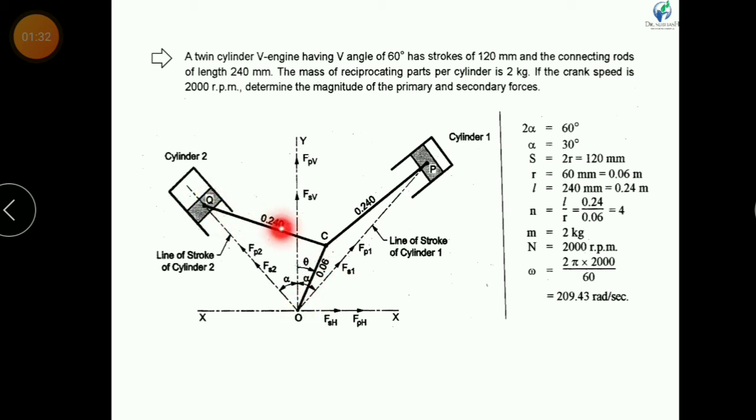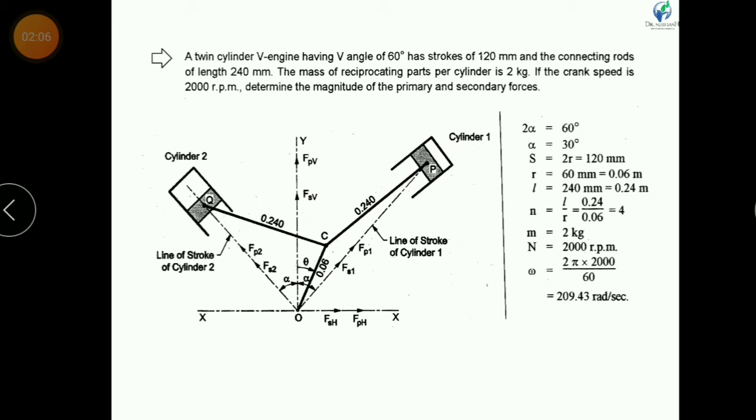Similarly, QC is a connecting rod which connects the piston in cylinder 2. Now the crank OC makes an angle theta in clockwise direction with the vertical axis in initial condition. Now we know that in a single cylinder engine, the primary and secondary unbalanced forces act along the line of stroke.